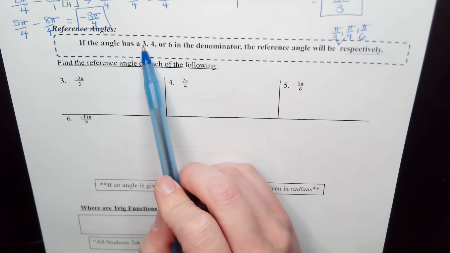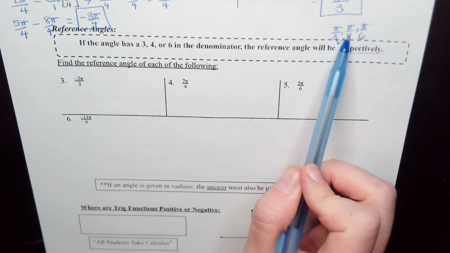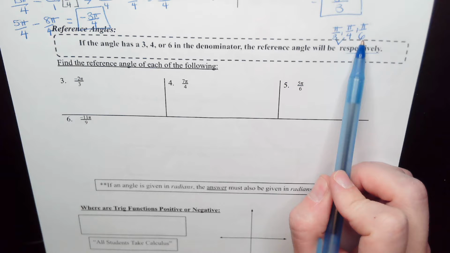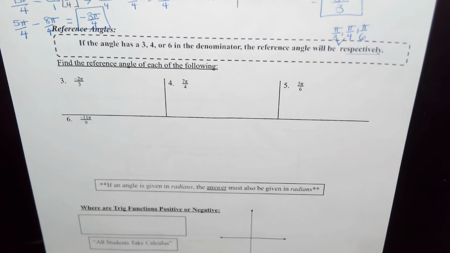So if it has a 3 in the denominator, the reference angle is pi over 3. If there's a 4 in the denominator, it's pi over 4. And if there's a 6 in the denominator, it's pi over 6. A little bit different this time, the 3s and 6s don't go together. So a lot to keep track of in your head with all this stuff.